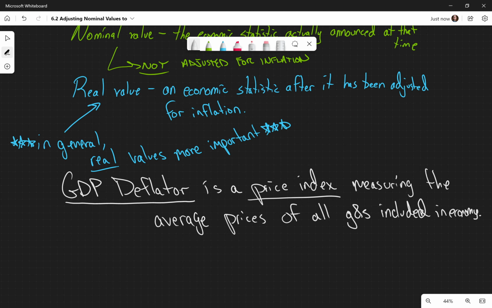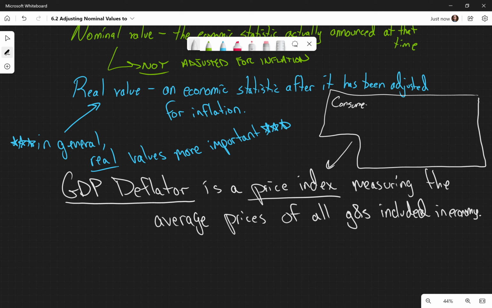There is another type of price index that the book doesn't talk about, but you'll see it commonly referred to if you look at other books or other videos or whatever, right? So just a quick little deviation here. We do have another price index called the Consumer Price Index, which is known as the CPI.